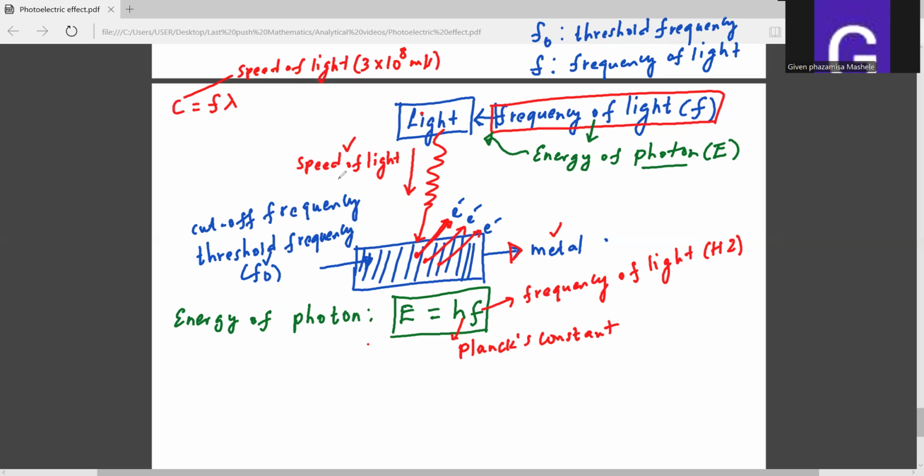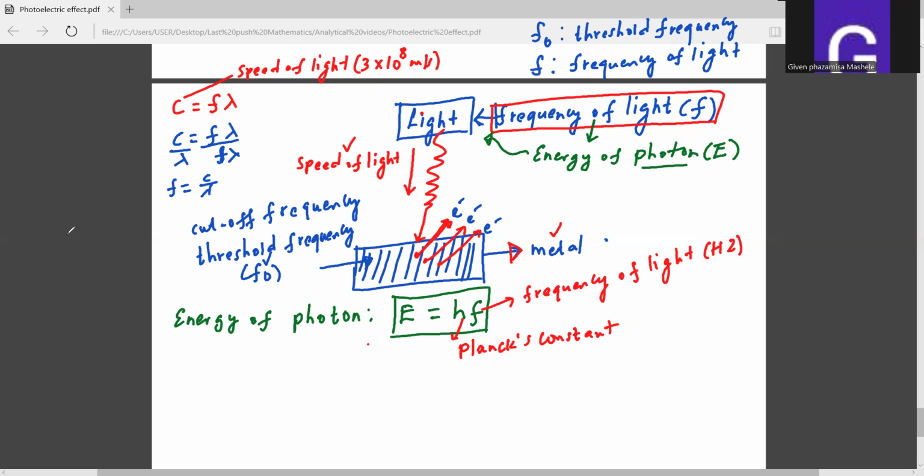So if we do not want to calculate the energy of photon by using Planck's constant and frequency, we can still calculate it by using the wavelength. How to do that? From c equals f times lambda, we divide both sides by lambda, which means frequency equals c over lambda.